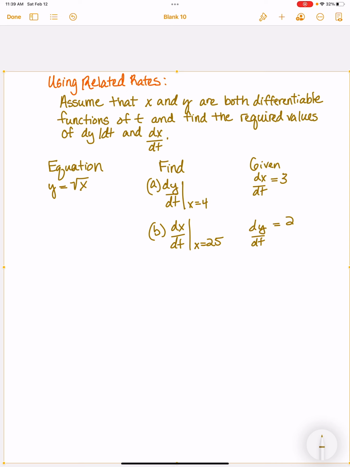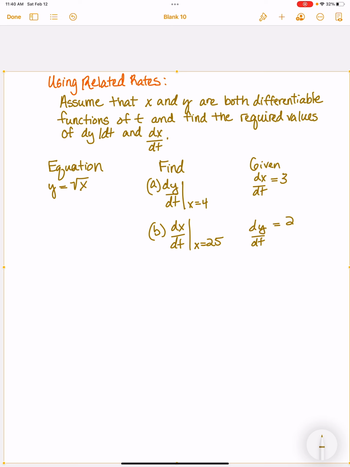When we're doing a related rate, we're not differentiating with respect to any of the variables in this equation. We are going to be differentiating with respect to time. That's the dt there. So I know that x and y here are related to each other.